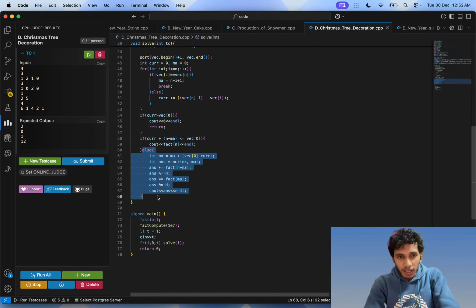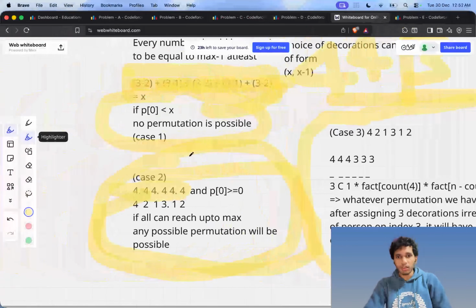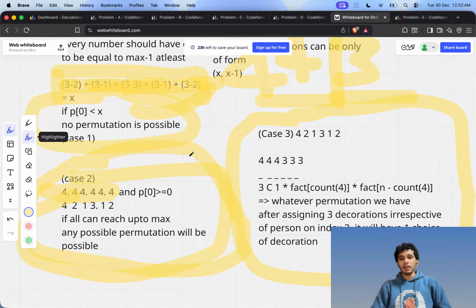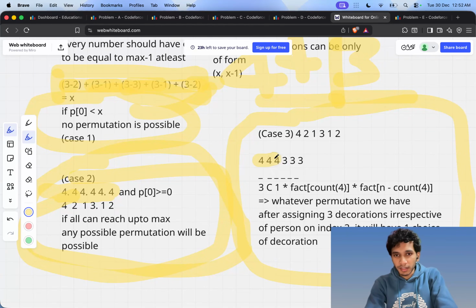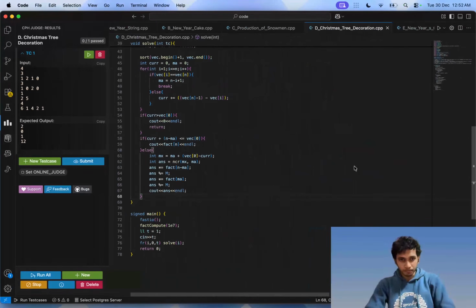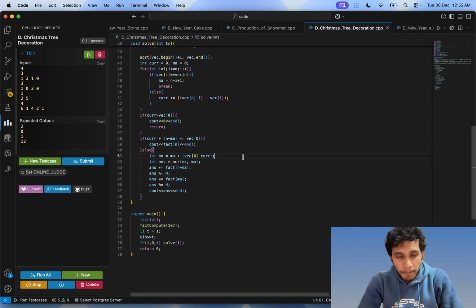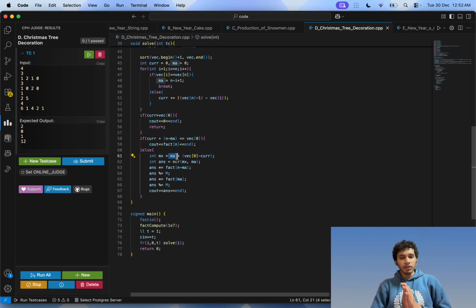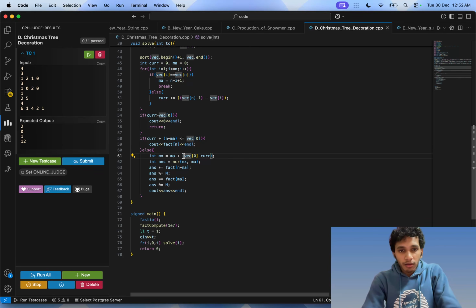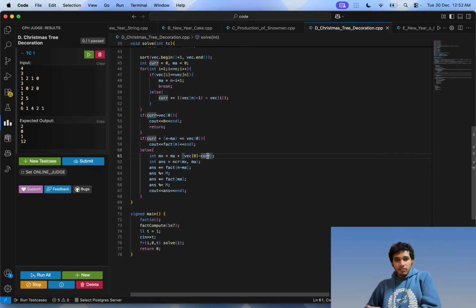Now the third scenario, which is the left part. So we want to find how many elements will be translated to 4 and how many elements will be translated to 3. Okay. So how many elements will be translated? The number of elements that are already 4, they will be there for sure, and the number of elements to which P0 can translate to 4.